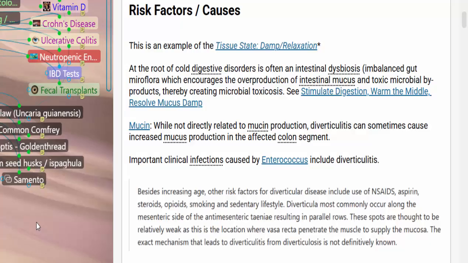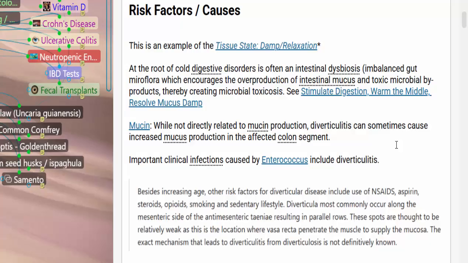And those often develop as a result of intestinal dysbiosis, imbalanced gut microflora, which encourages the overproduction of intestinal mucus and toxic microbial byproducts, creating microbial toxicosis. Now, if you want to click on Stimulate Digestion, Warm the Middle, Resolve Mucus Damp, that is one of the therapeutic approaches that you can take.